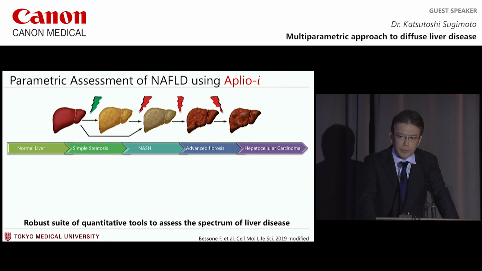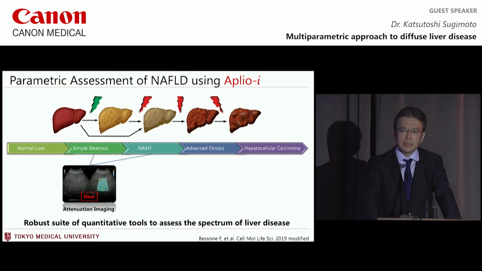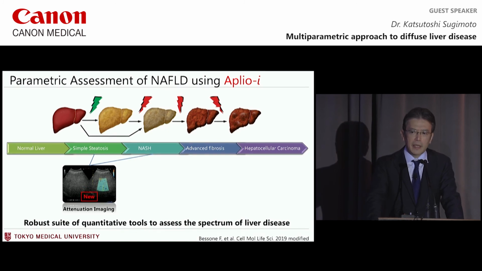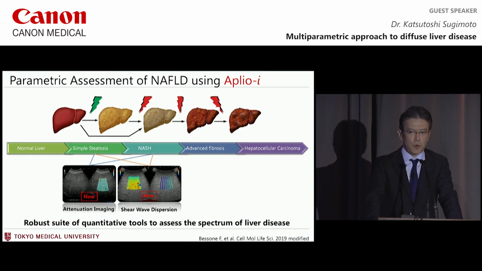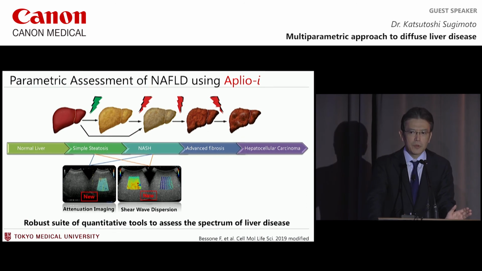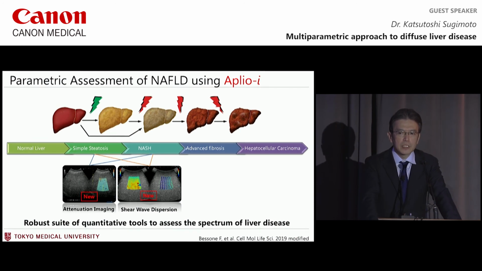So how do we use these new technologies on Apollo Eye for the NAFLD patient? In my view, attenuation imaging is very useful to detect liver steatosis, especially relatively early stage hepatosteatosis. And shear wave dispersion is also very helpful to differentiate NASH from simple steatosis.